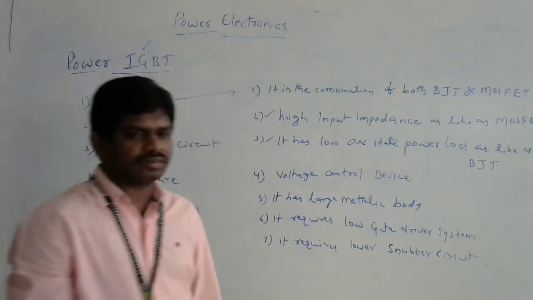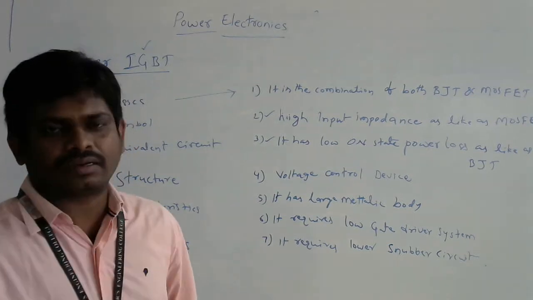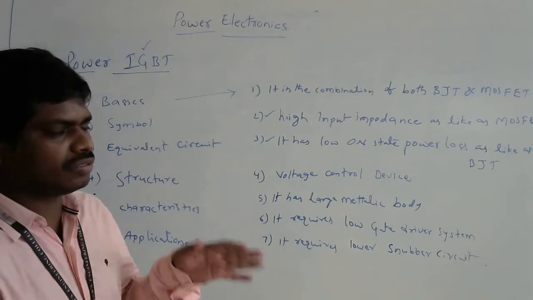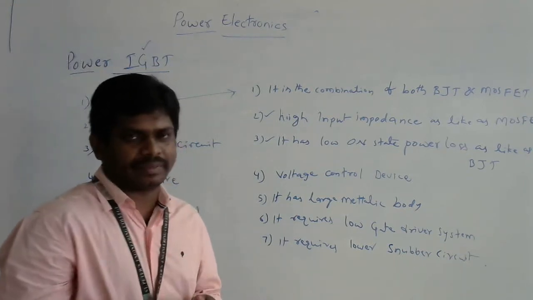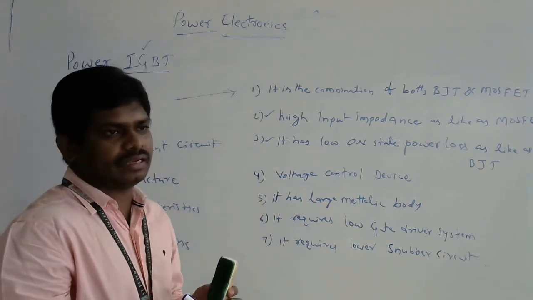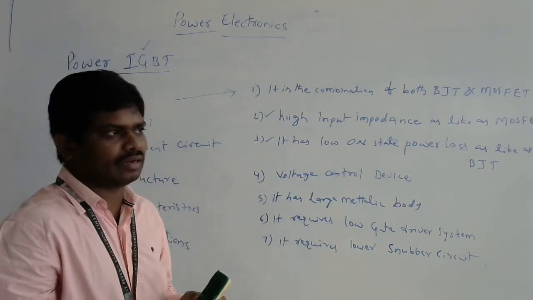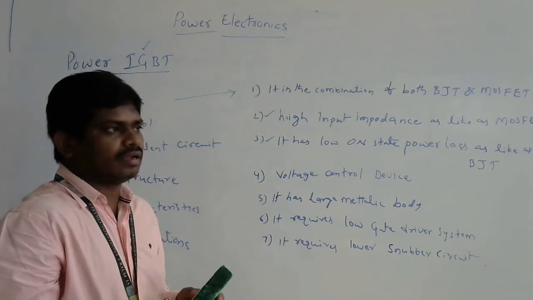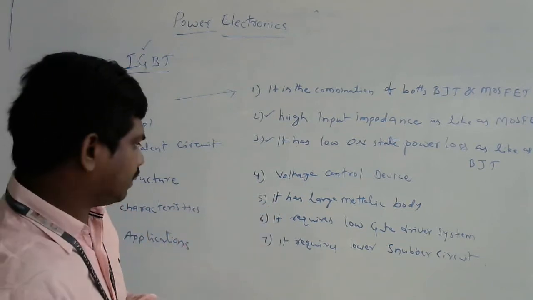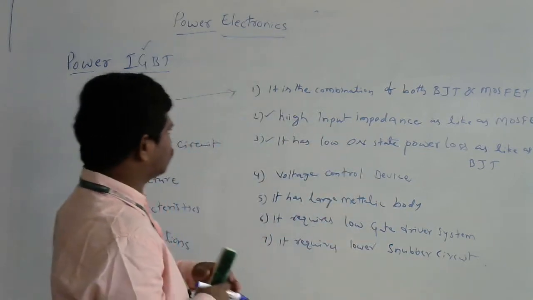What do you mean by snubber circuit? A snubber circuit is formed with the help of two components, a resistance and a capacitance, which are connected in series, and the series combination is connected across the switching device like our power IGBT. With that, if a reversal current takes place, if an opposite current strikes the device, the excess amount of current bypasses through the RC circuit connected in parallel to the device. So further, it requires lower values of snubber circuit. These are a few points to remember.